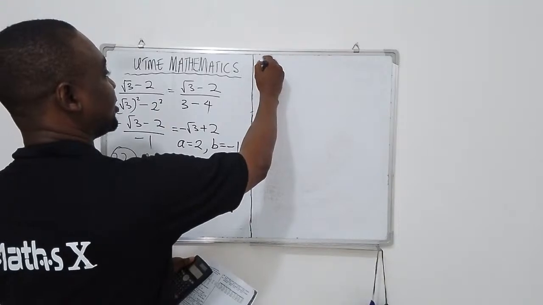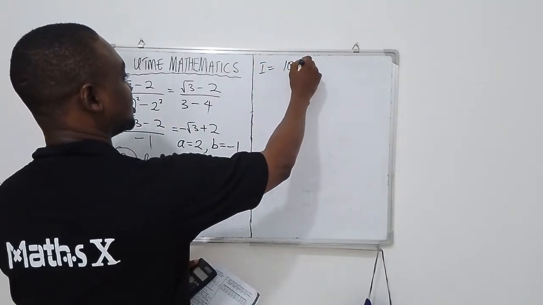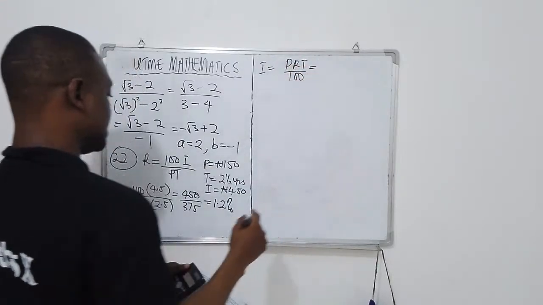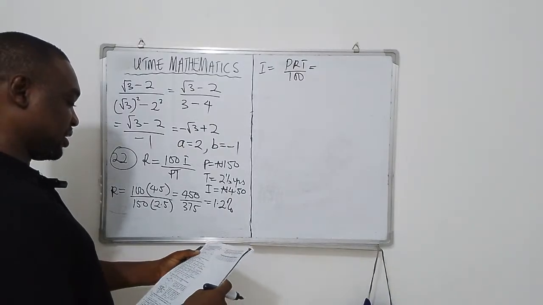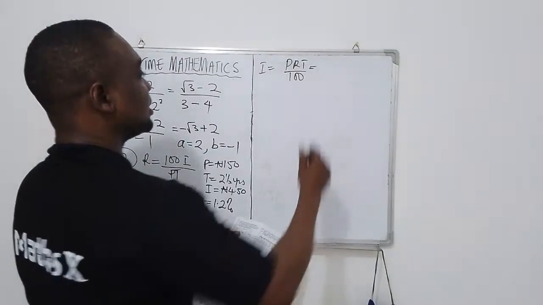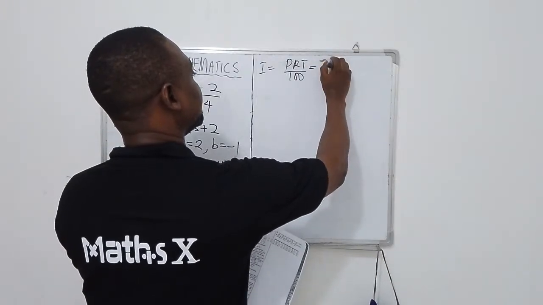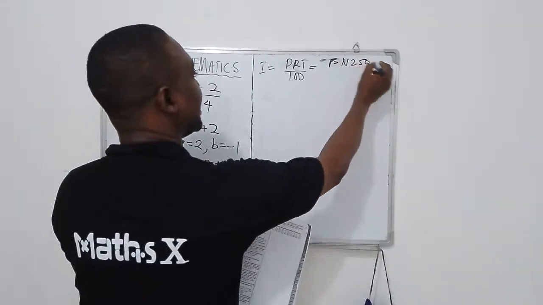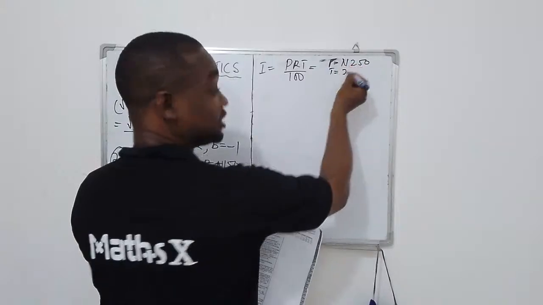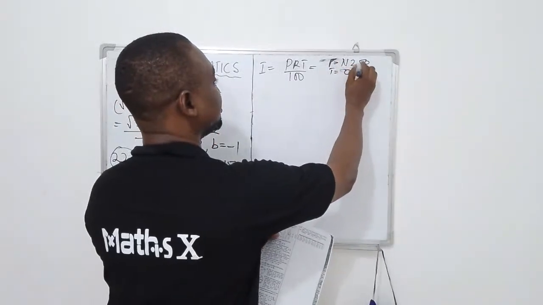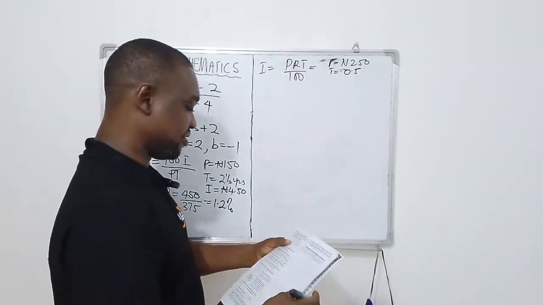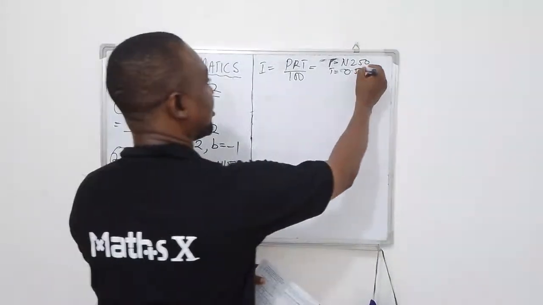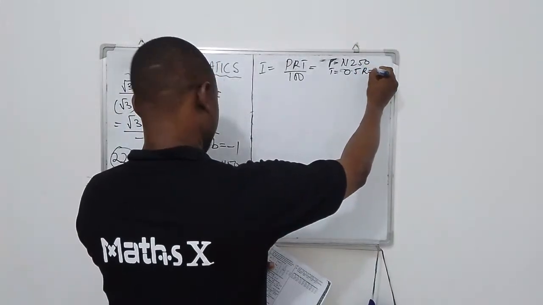So this time, interest is PRT over 100. From what they told us, the principal P is 250, the time T is 6 months, which is half a year, that is 0.5, and the rate is what we had here, R is 1.2.